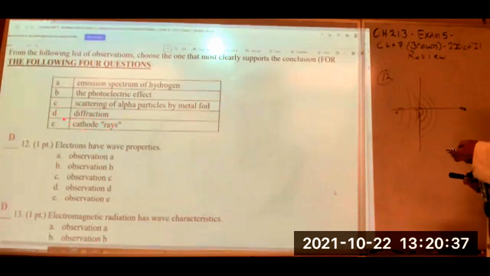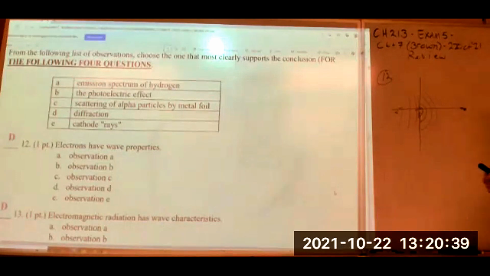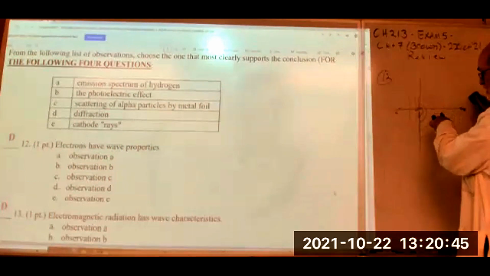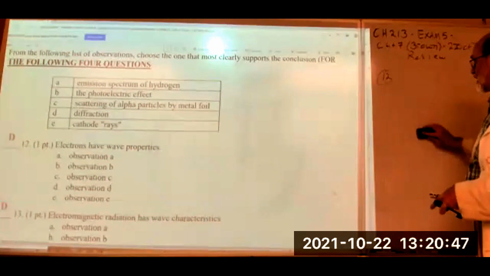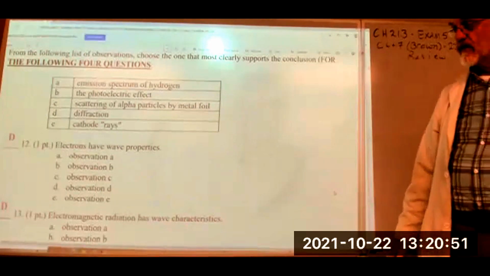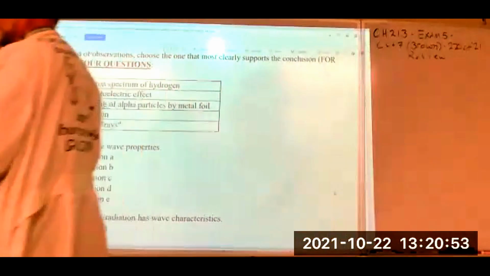The cathode ray is a stream of electrons. That's part of particulate behavior. And we use this diffraction property of electrons in a rather expensive piece of equipment called an electron microscope.